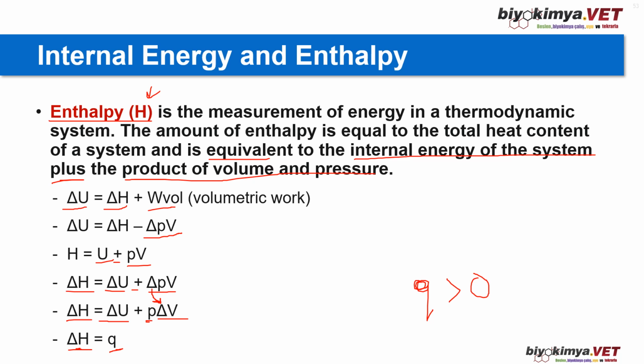Similarly, if heat is released, as in an exothermic reaction, heat is given to the environment. So therefore, Q will be less than 0, or negative. So if Q is negative, the enthalpy change will be negative.